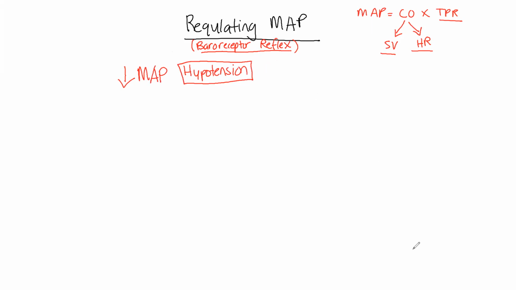And so that's going to be detected or sensed by our baroreceptors. Specifically, our stretch receptors are arterial baroreceptors, the ones in the aortic arch and the carotid sinuses, okay? Now, the next step is that that's going to send a signal to the integrating centers. We spoke about these being in the medulla oblongata, central nervous system structures.